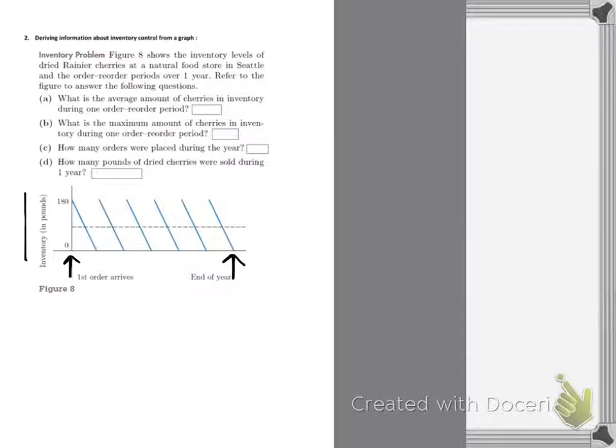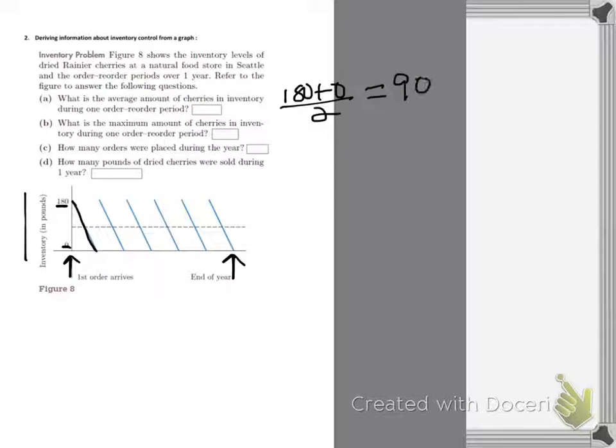Question A says, what is the average amount of cherries in inventory during one reorder period? So one reorder period is one blue line. So during that period, they ordered 180 pounds and they sold them all. So the average of 180 plus 0, so 180 plus 0 divided by 2 gives me 90.